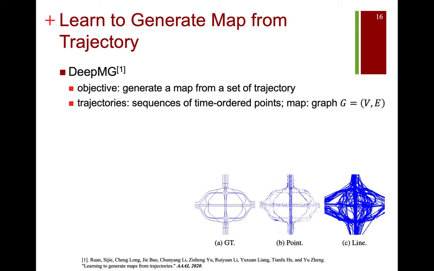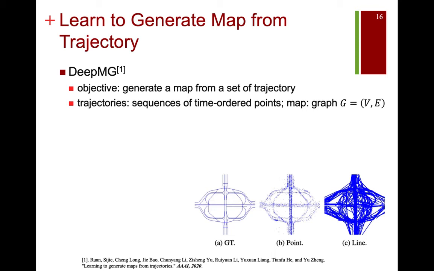A typical method is to perform clustering on trajectory points, and then pick up some representative points from different clusters and take these as the nodes for the road network graph. Then what we need to do is to generate the links between nodes.